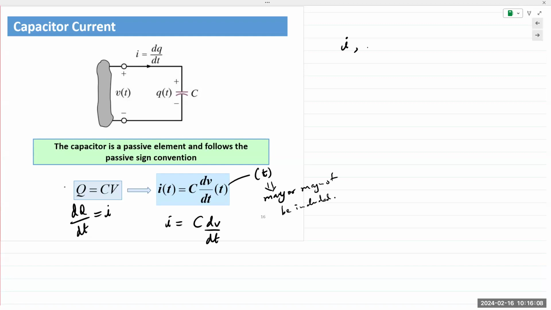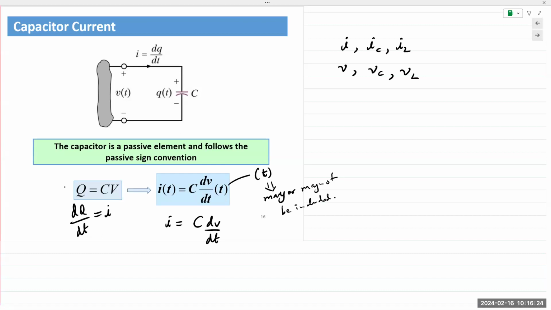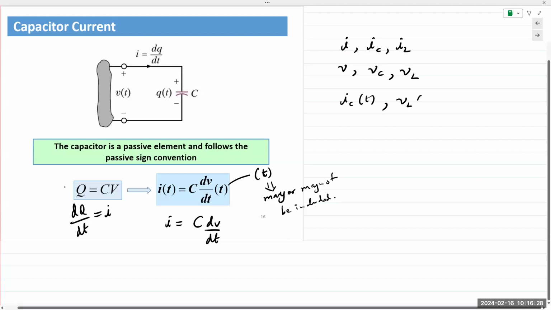You could simply have I or IC or IL. Similarly, you might just have voltage. If it's just a single component, you don't specify anything. Or it could be described as a function of time, where I would write it as IC of t or VL of t. They all mean the same.